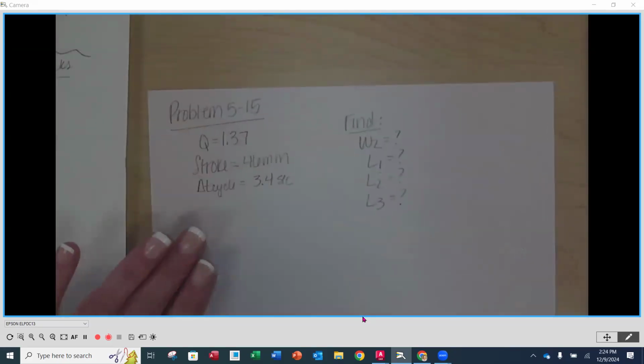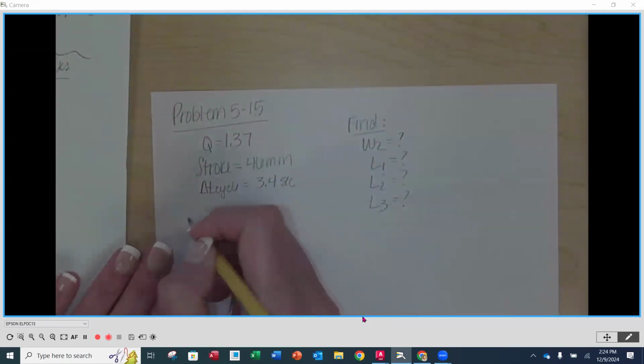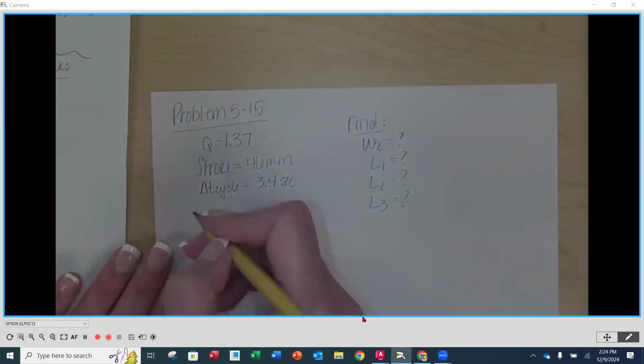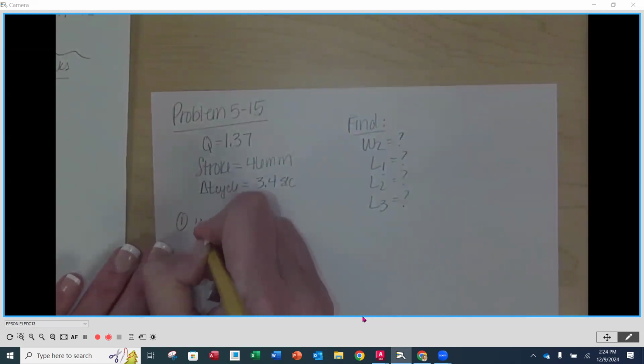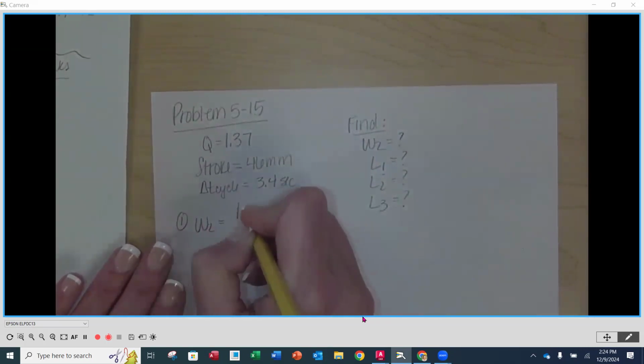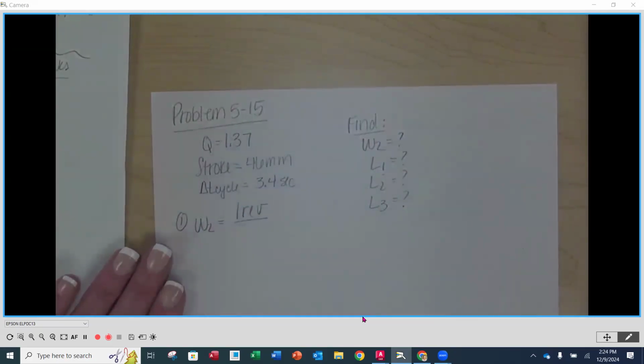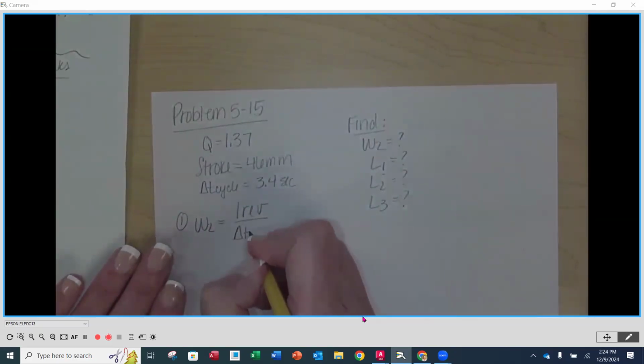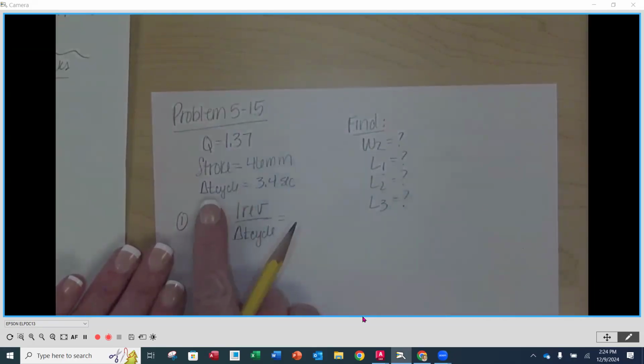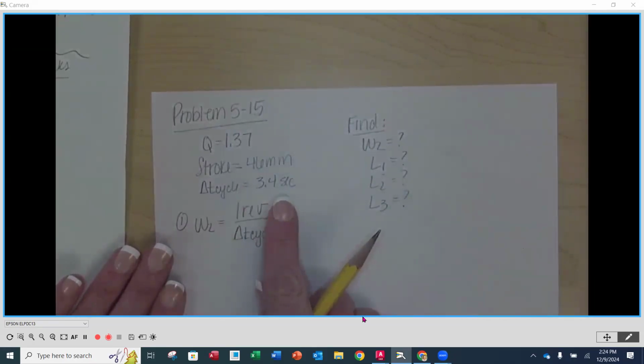So step number one is going to be W2, or the angular velocity of the crank. We know that to be 1 revolution per the total cycle time. We know our total cycle time is 3.4 seconds.